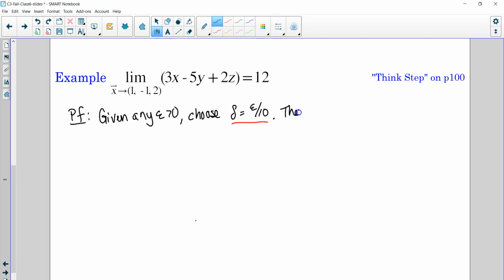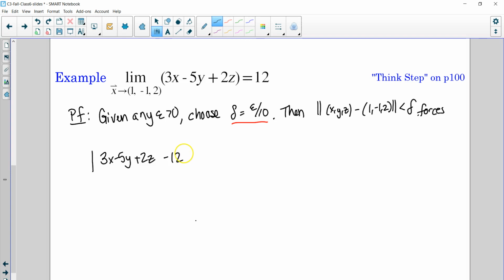When we have the distance between x, y, z and this point 1, -1, 2 less than delta, that implies that the distance, the absolute value of 3x minus 5y plus 2z minus 12.